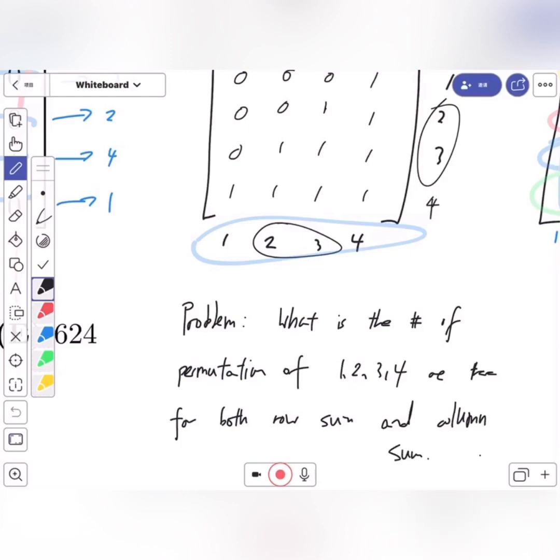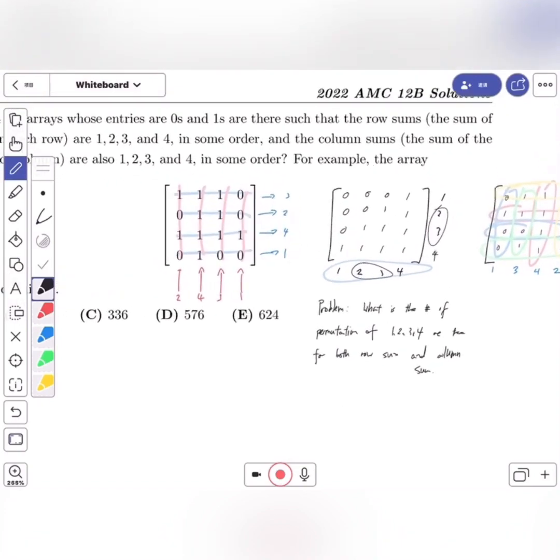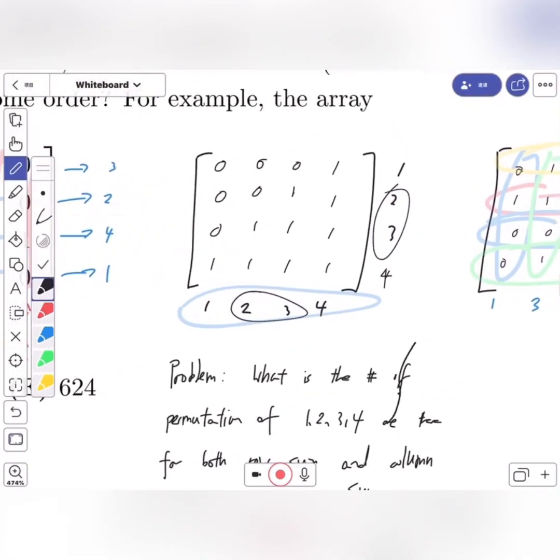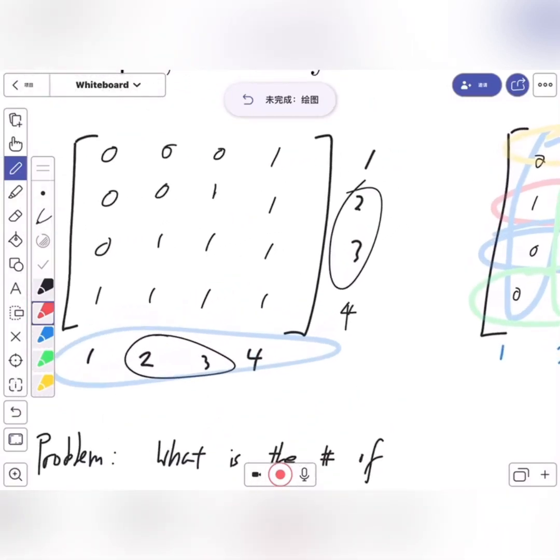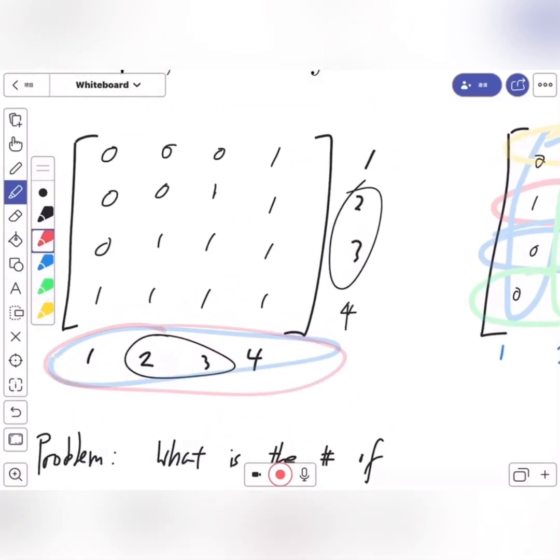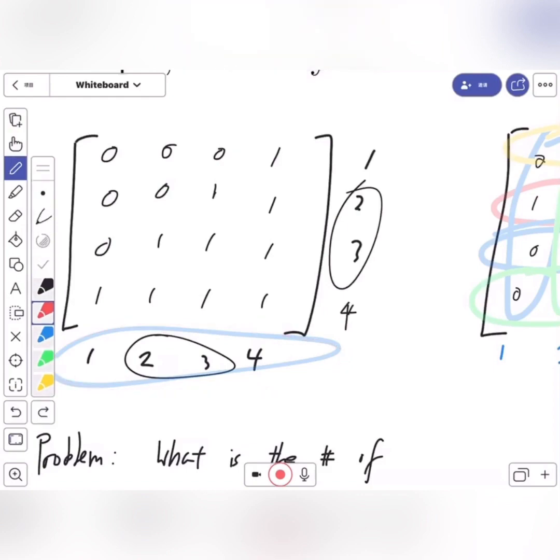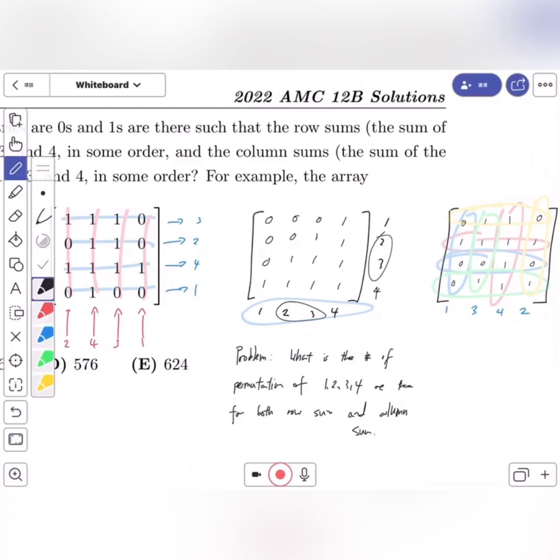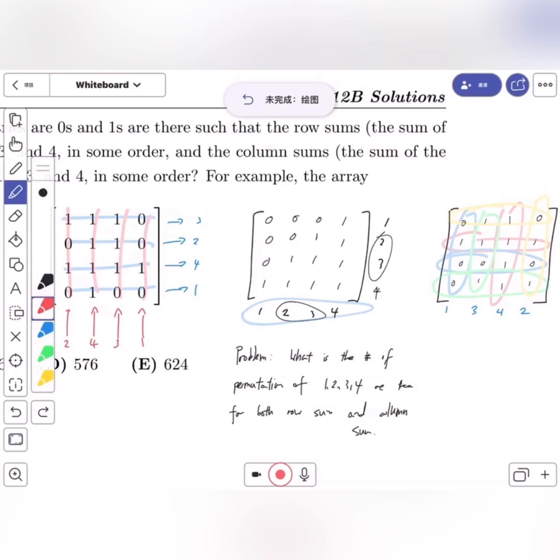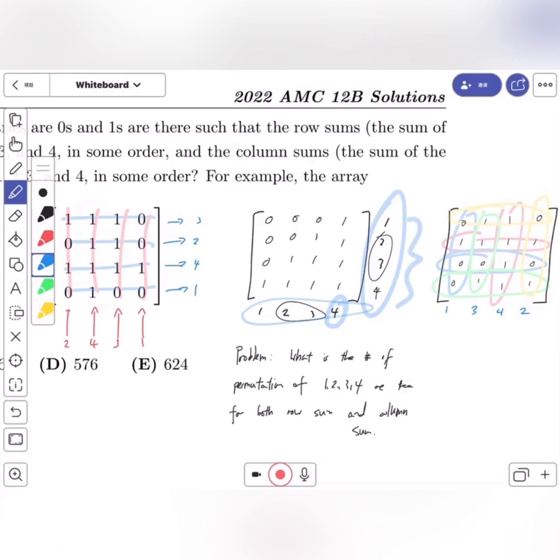Well, the wording might be kind of ambiguous. However, the new problem is basically saying how many ways are there to arrange 1, 2, 3, and 4 twice, right? And we see that these two permutations are independent of each other. So this means that if we have 4 here, it will not impact any of the numbers put in this row sum.